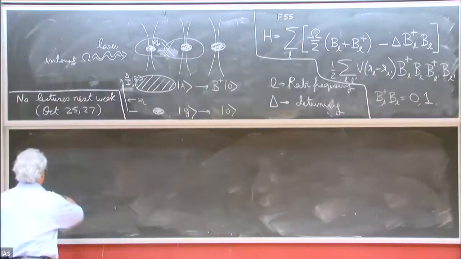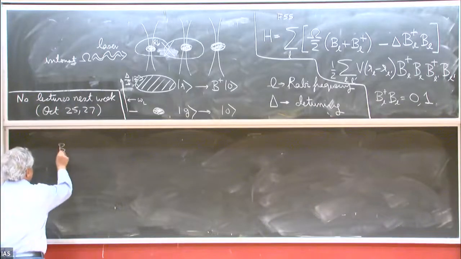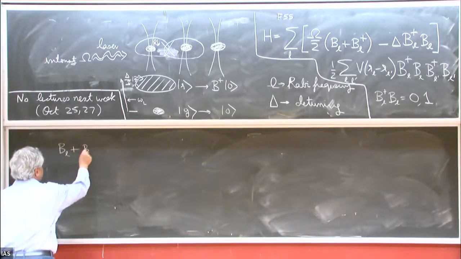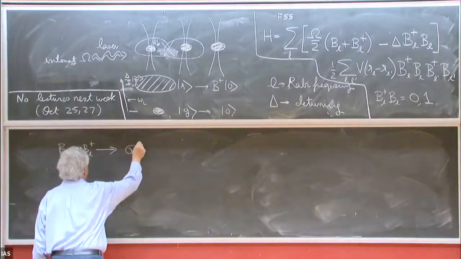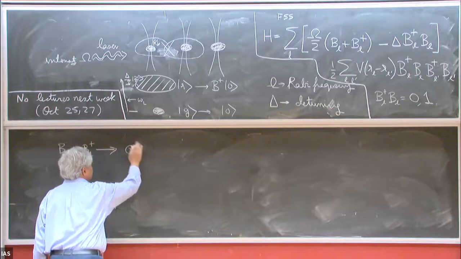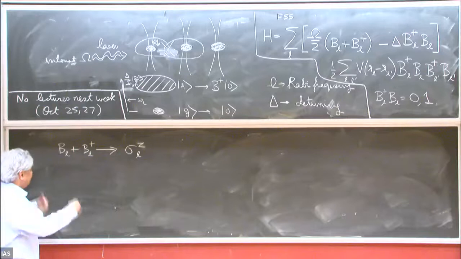So the first thing I'm going to do is map this to spins. I'm going to take b_L, b dagger L, and map that to sigma Z. This is the confusing part always, I got confused last time too.